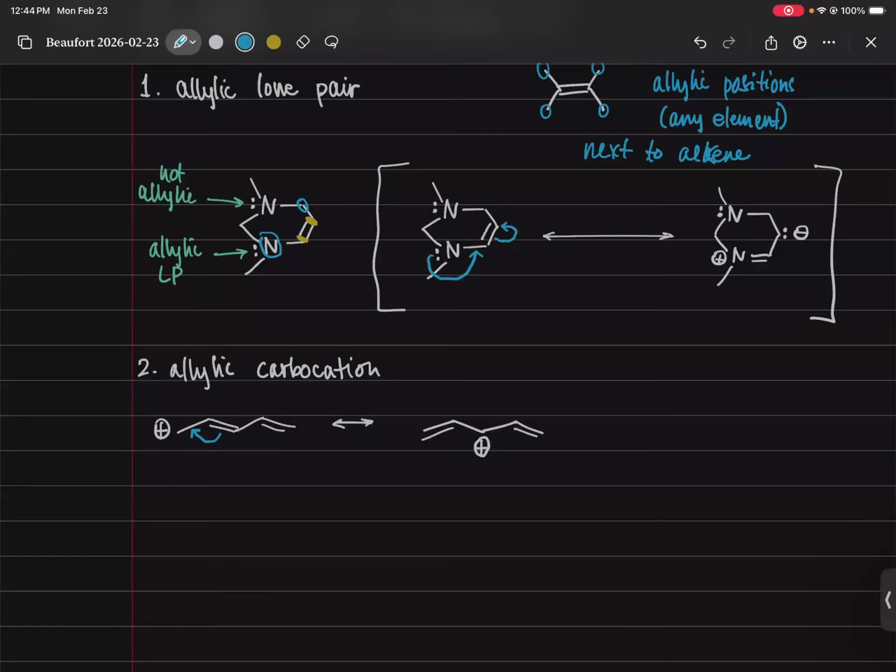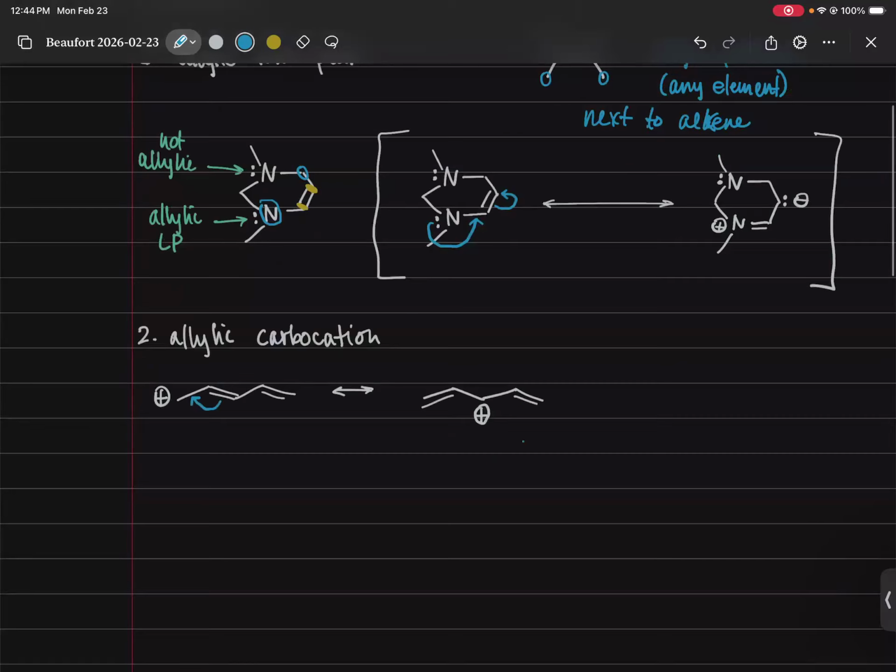Now, we still have an allylic carbocation, but in this case, it's allylic in 2 different ways, right? Because it's got those 2 pi bonds. And so we can mess with the other pi bond as well. So we can do that. And so we can have that 3rd resonance structure.